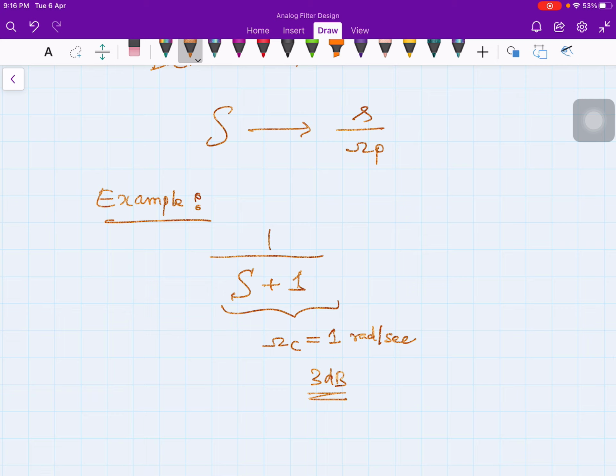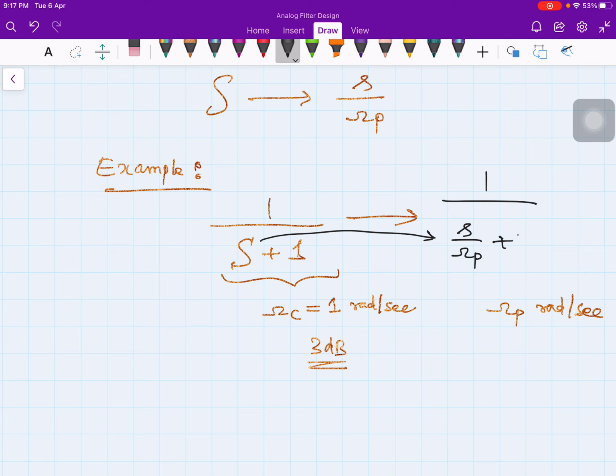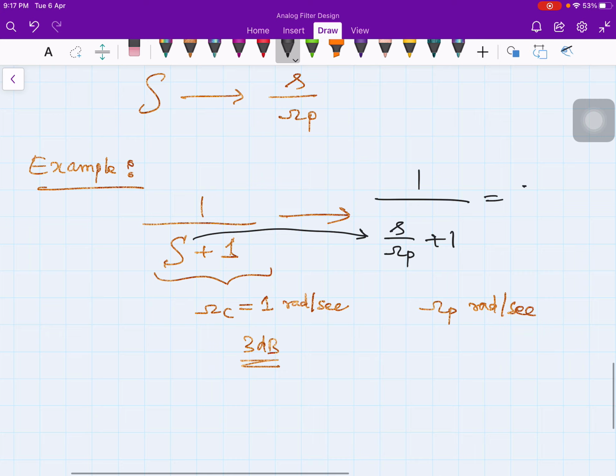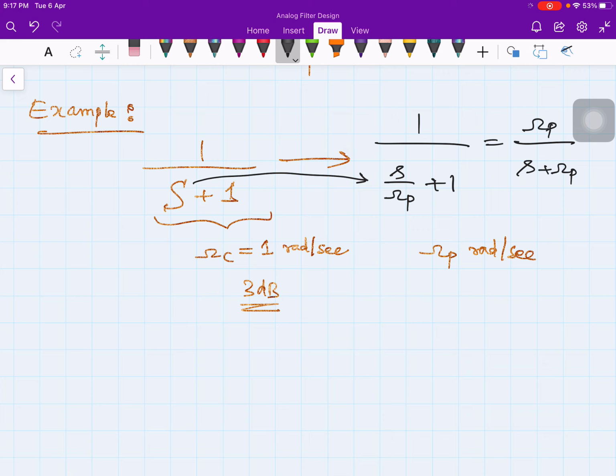If we want a cutoff of omega p radians per second, then the denormalized low pass filter would be 1 divided by, capital S replaced by small s by omega p, plus 1, which is omega p divided by s plus omega p. That's it. Indeed, it is a first order filter with a cutoff frequency at omega p.